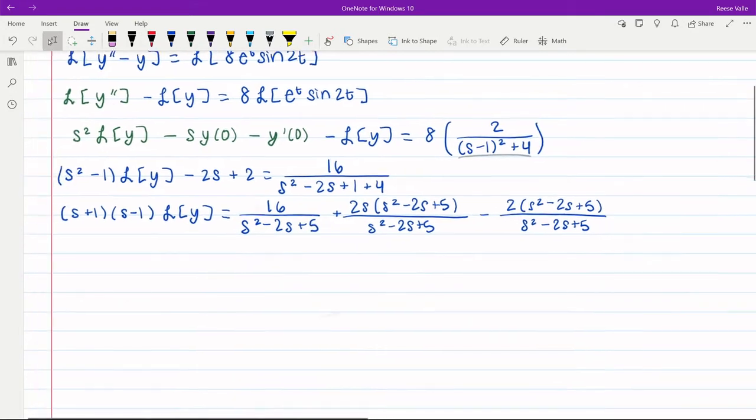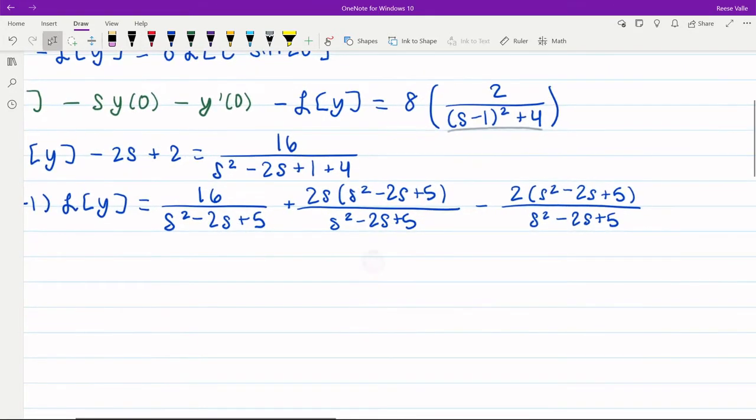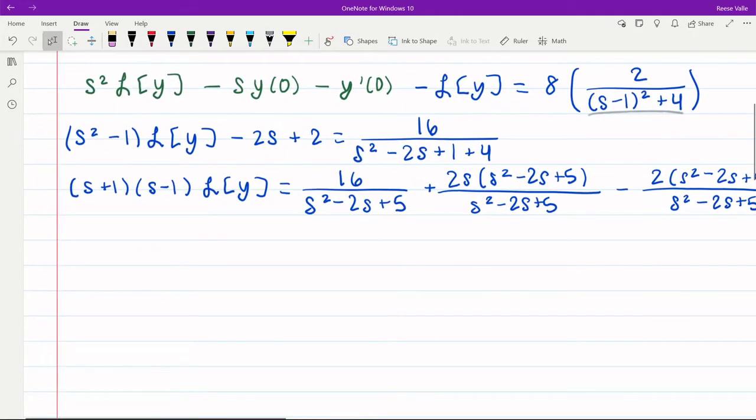And then you're just going to combine that. I'm going to assume that you know how to multiply that out. I'm just going to give you the answer that I got.